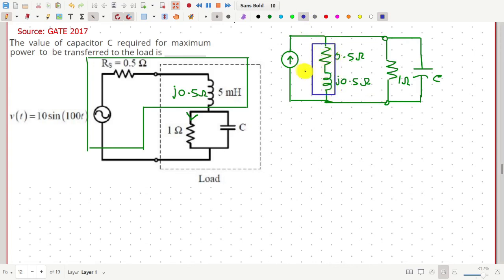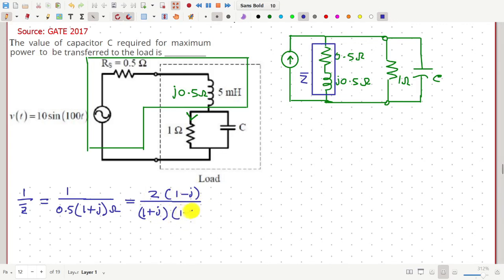Suppose the impedance of this branch is Z bar, then 1 by Z bar, that is the admittance of this branch, is equal to 1 by 0.5 of 1 plus J ohm, which is equal to 2 by 1 plus J, and let me multiply the numerator and denominator with 1 minus J. So then this becomes 2 by 2 into 1 minus J. This is in Siemens.